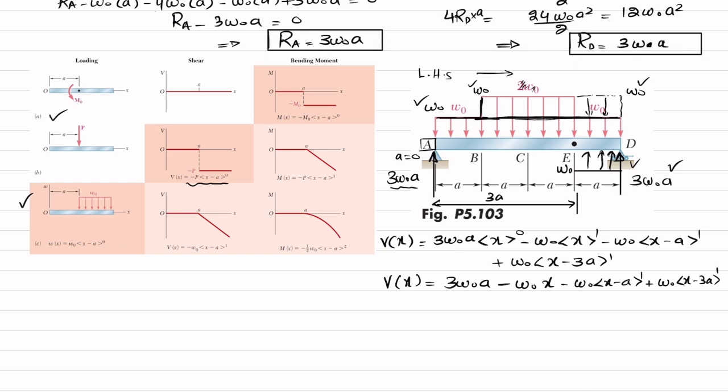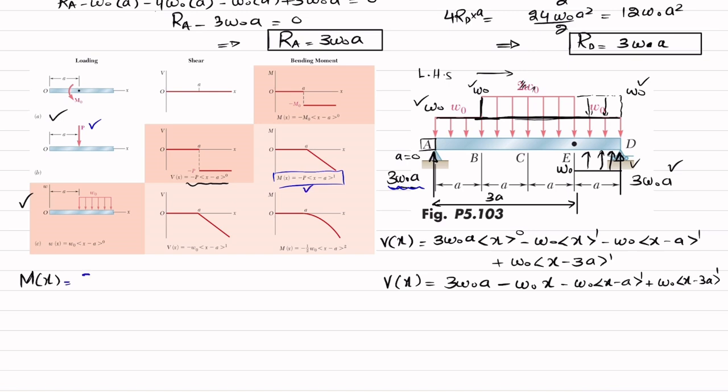Now we'll find the bending moment equation. For the bending moment equation, M of x will be equal to, again starting from the left side, the first point load. So the bending moment equation is this one. Since a downward force is negative, an upward force will be positive.